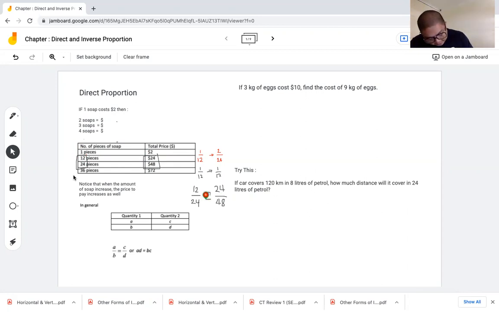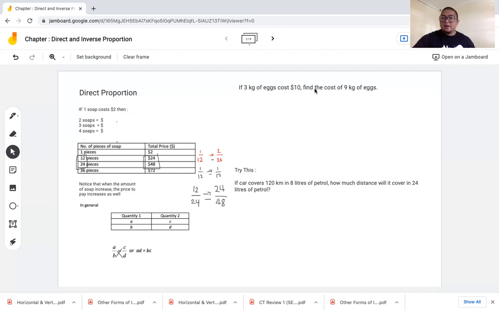So we can say that they will be equal ratio with each other. So now, in general, we can conclude that the ratio A over B will give the same ratio to the quantity C over D. Or we can say that if we cross multiply these quantities, B and C, automatically this will give us A times D is equivalent to B times C.